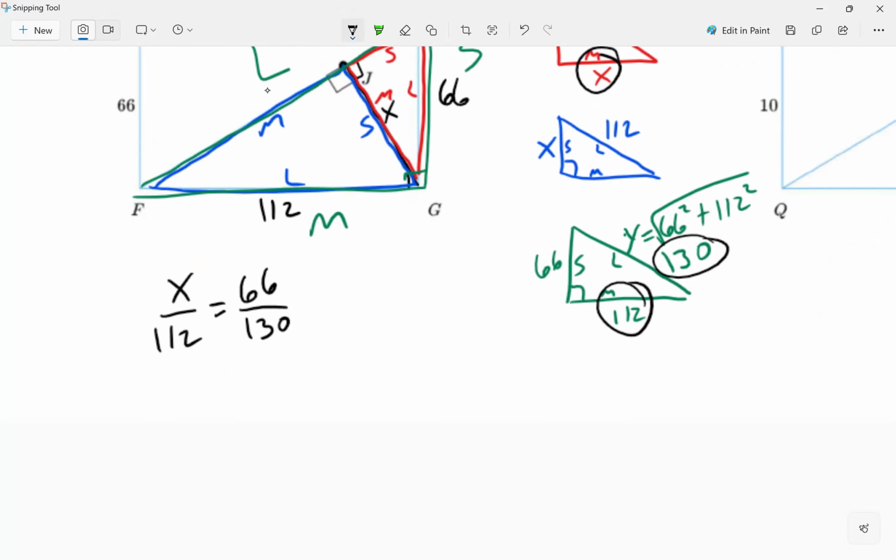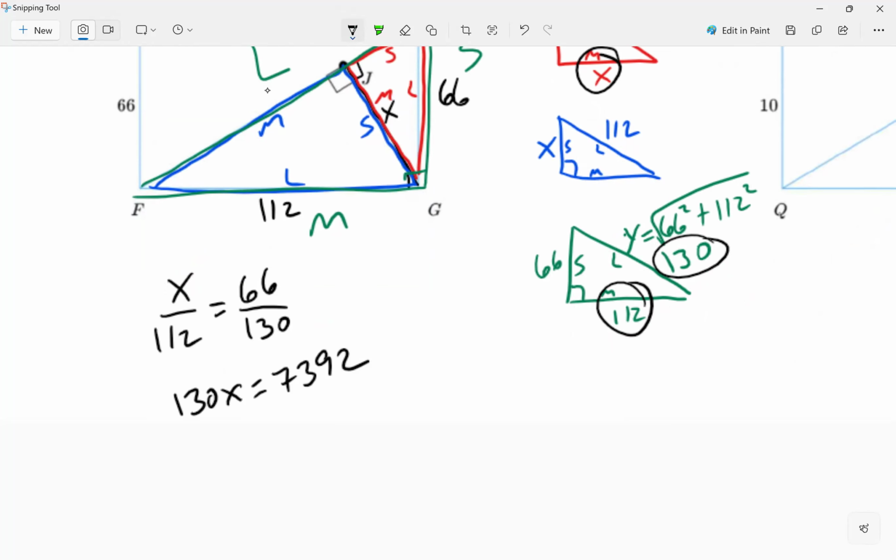Let me cross multiply. I have that 130x equals 112 times 66, which is 7,392. I'm not doing it by hand, so it's not a big deal.